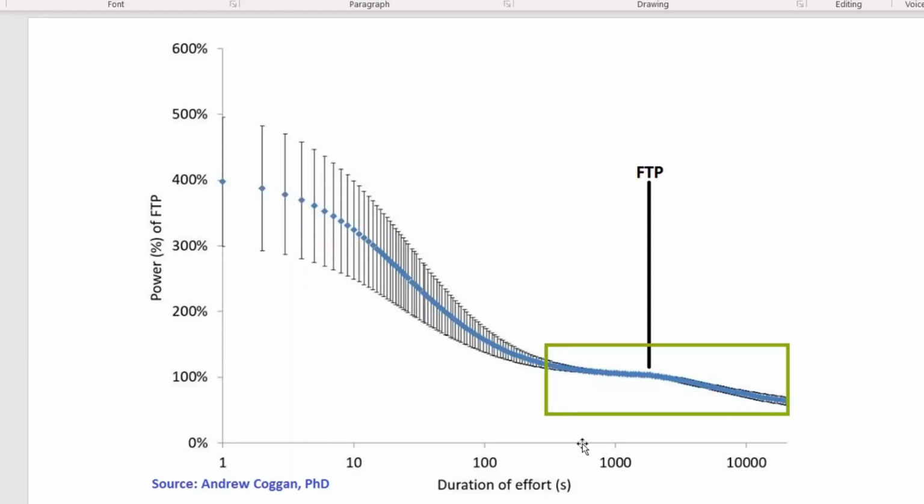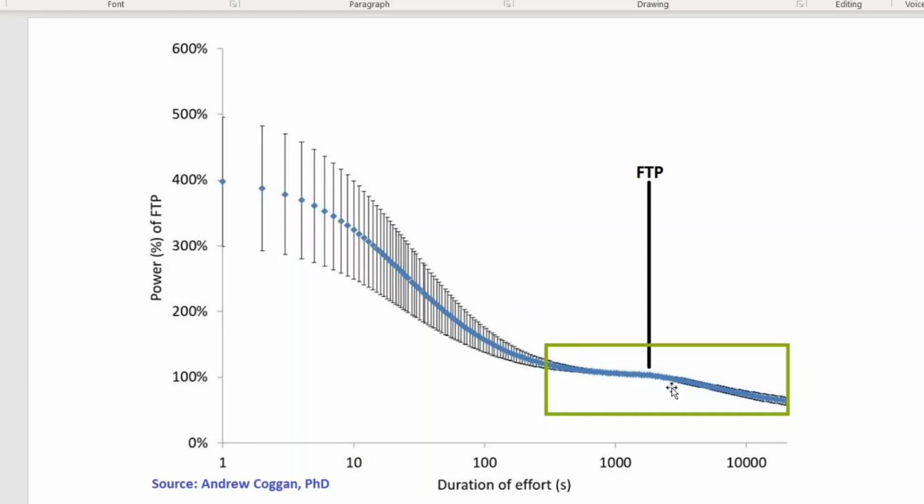So actually, let me do this. I'm going to show you a chart. This is actually developed by Dr. Coggan, and it's usually using cycling data, but it is probably pretty reflective of running data, maybe with a little less individual variation at the extremes here.